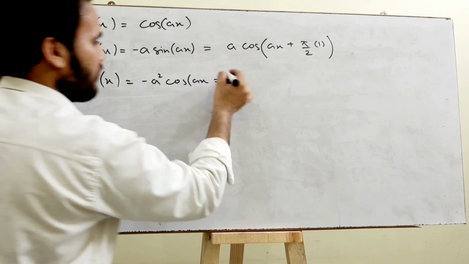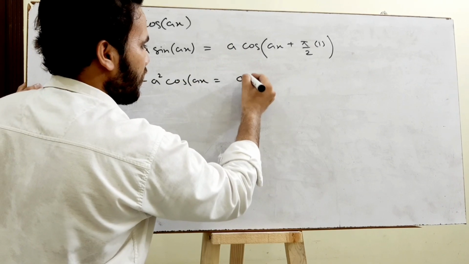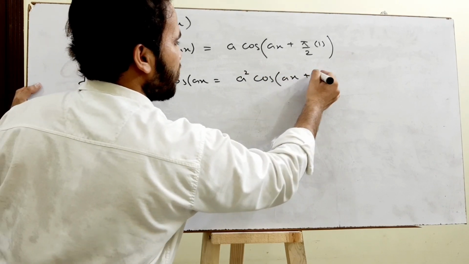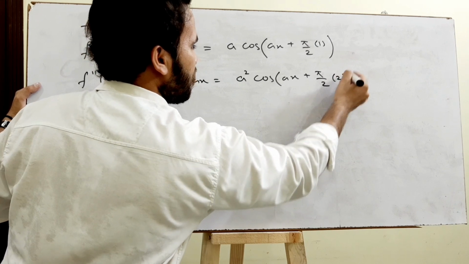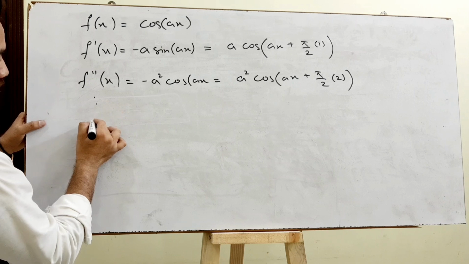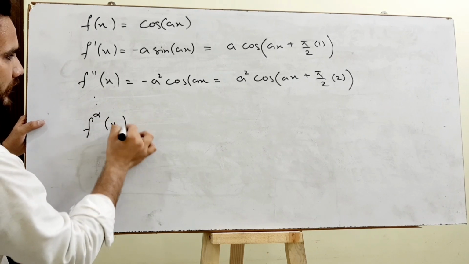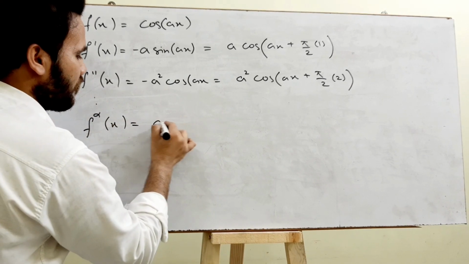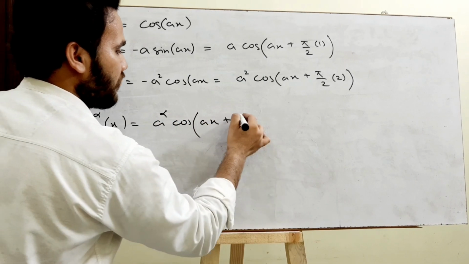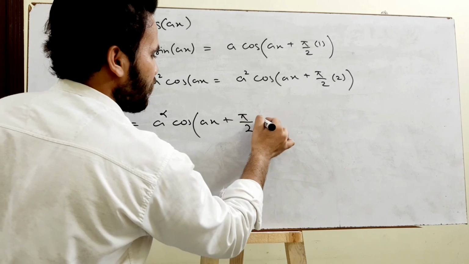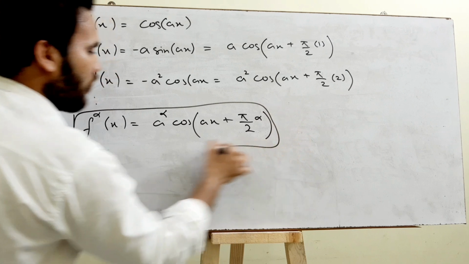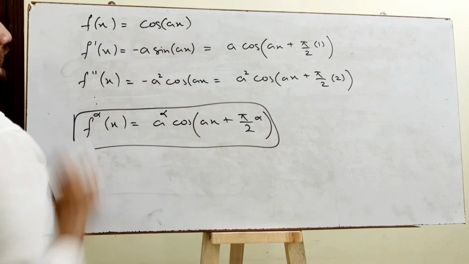So we can write this one as a squared cos (ax plus pi/2 times 2). So the nth derivative, the alpha derivative of this function, can be written as a^alpha cosine (ax plus pi/2 times alpha). This is the general form of the derivative of this function.